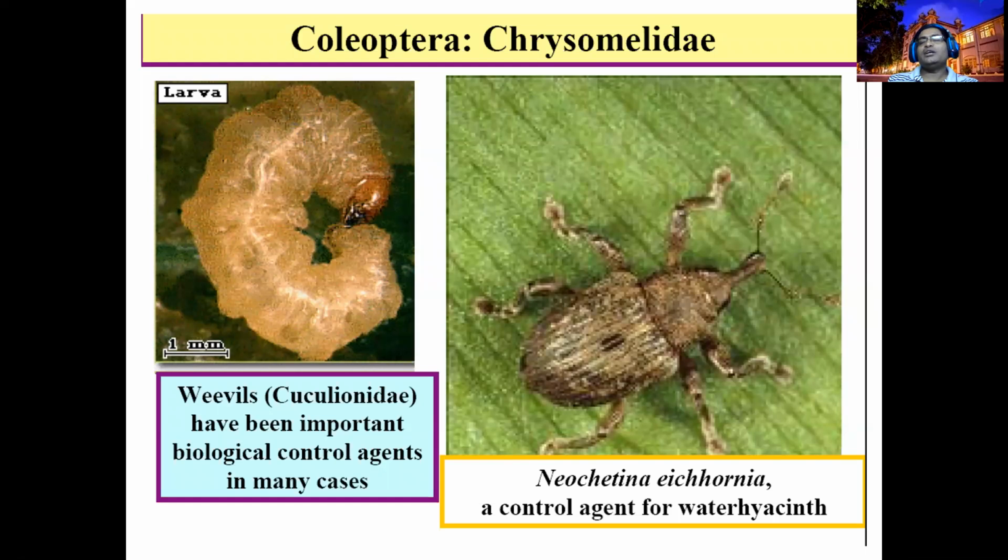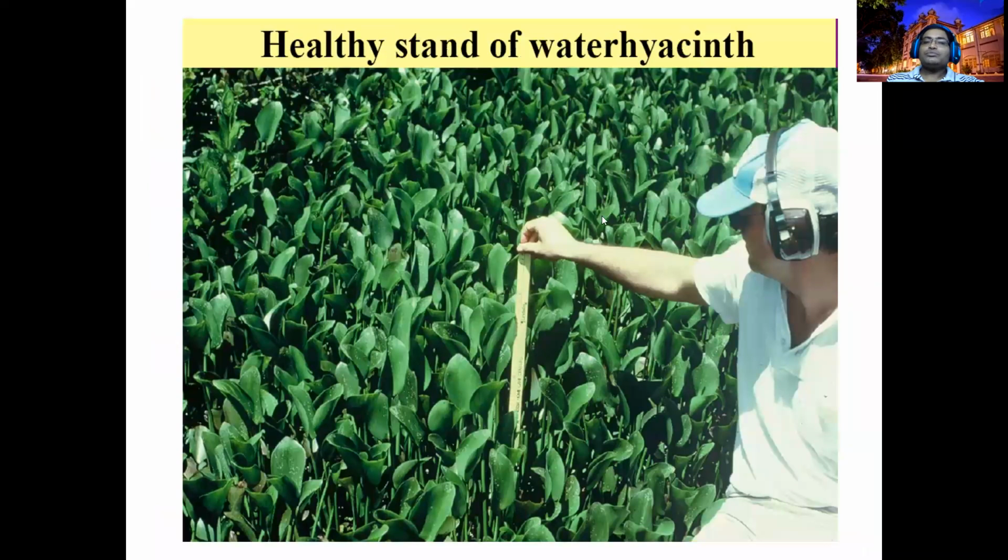How is it managed? Humans are involved in clearing it, and nowadays they make compost of these weeds. You see, this is water hyacinth, and everywhere in Sri Lanka beyond Vavuniya you can find it. It has all spread.